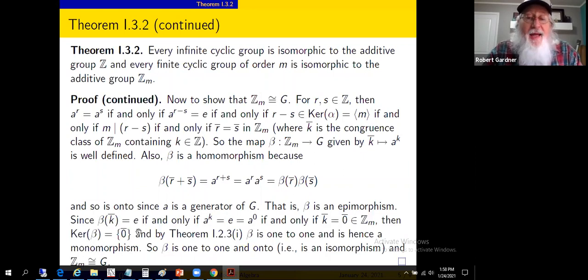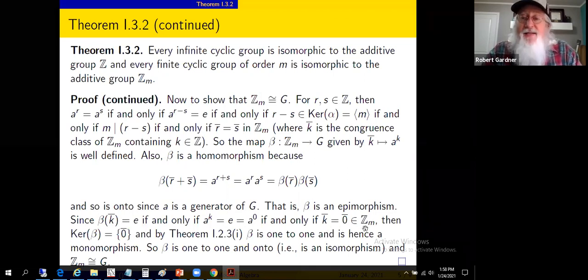If we look at the mapping, the kernel, we also want to show this mapping's one-to-one. We want to show the mapping from Z sub m to G, in this case, is an isomorphism. So to the kernel, beta of k bar equals the identity if and only if a to the k is the identity. The identity is a to the 0 in terms of that generator a of group G. And this happens if and only if k bar equals 0 bar in Z sub m.